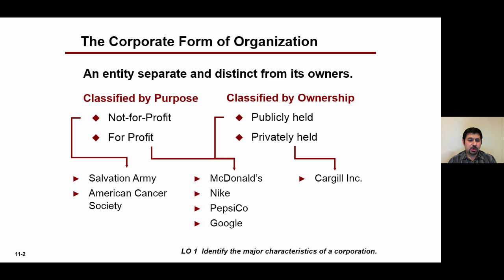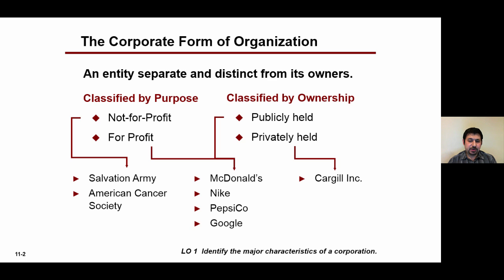For-profit corporations are similar to, for example, Best Buy, Procter & Gamble, Target, Walmart, etc. Those are companies whose main objective is to make money and to make profits. The other type would be not-for-profit. Those are, for example, the Red Cross, Salvation Army, and other charities, where the main objective is not to make money, but to provide certain services.